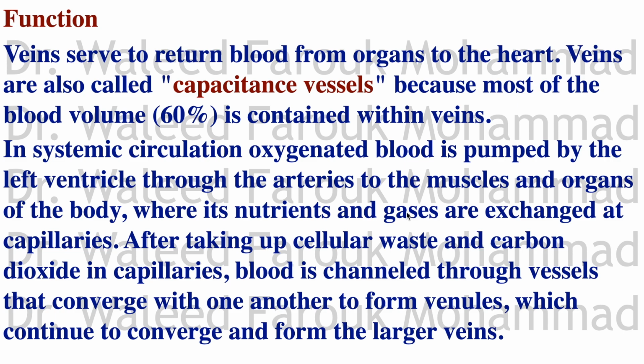In systemic circulation, oxygenated blood is pumped from the left ventricle to the arteries to the body. After taking up the waste from the cells, the carbon dioxide and waste products, it's collected by means of venules that then merge into veins back to the heart.